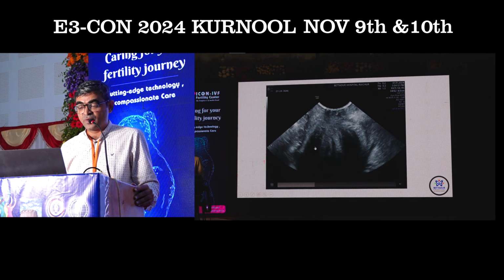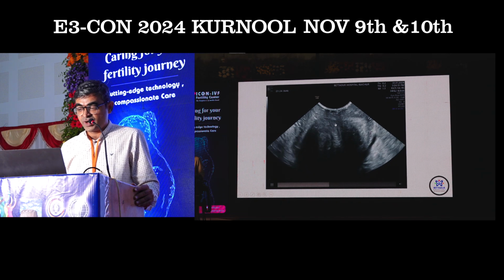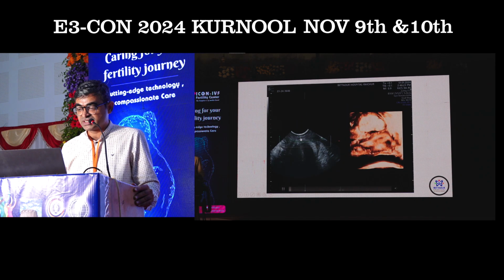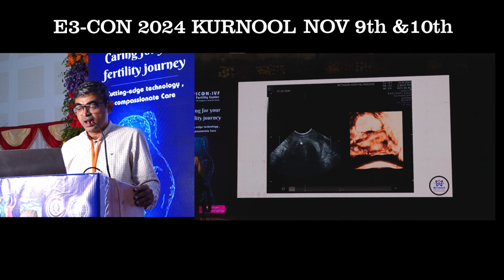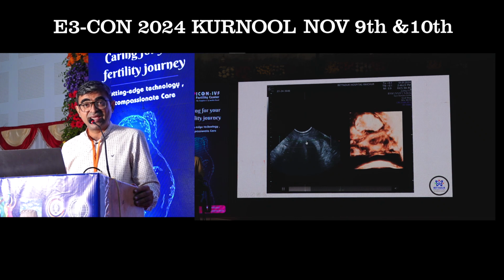I might take help of 3D here, where my view line is exactly at the external os, and as I move, this is the corresponding 3D, as I move my probe ahead, you are able to see a single external os. When I go cephalad, you are able to appreciate the septa is beginning just inside the external os.